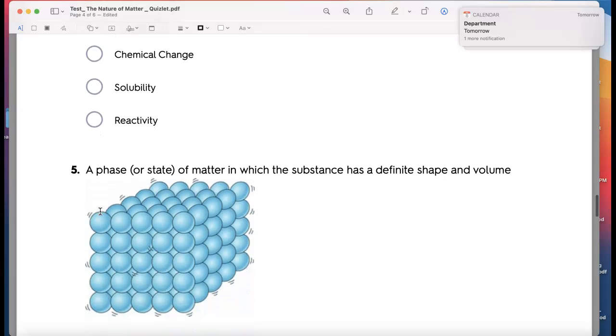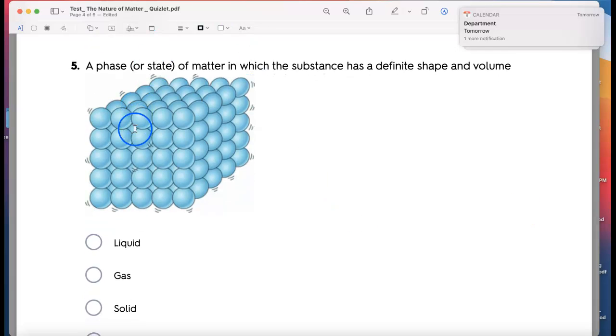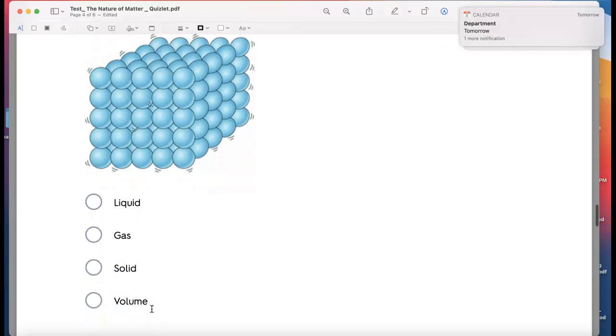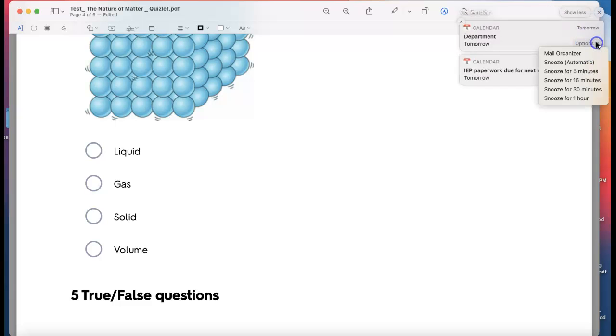Number 5, a phase or state of matter in which the substance has a definite shape and volume. Okay, here's a picture that might help you. Is this liquid, gas, solid, or volume? Color in the correct response, please.